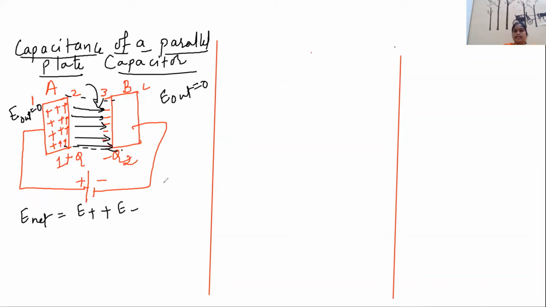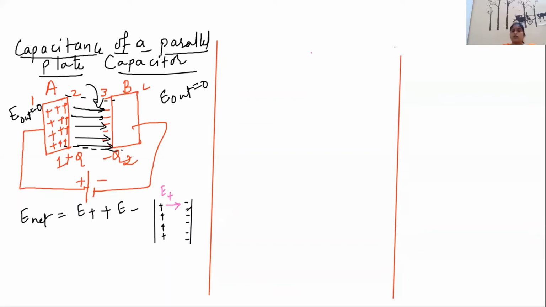So let us visualize this in this way. We have a plate like this, and this is another plate. Here the positive charge exists, and here a negative charge exists. Let us consider E positive. The electric field will move from positive to negative.